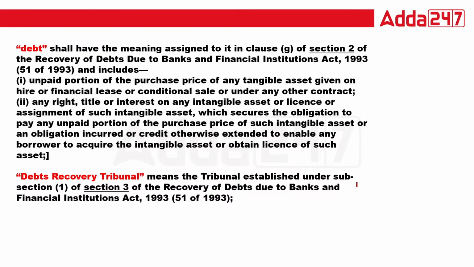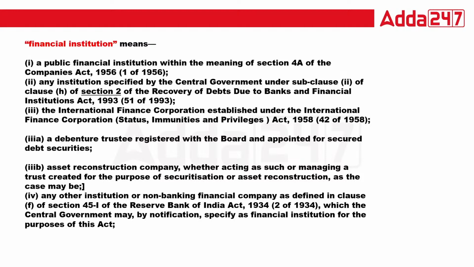Debt, DRT. What is debt? Debt is basically the unpaid portion of the purchase price of any tangible asset, or any right, title or interest in any intangible asset. Intangible, that is patent, trademark, etc. Okay, that is called debt. What is FI?